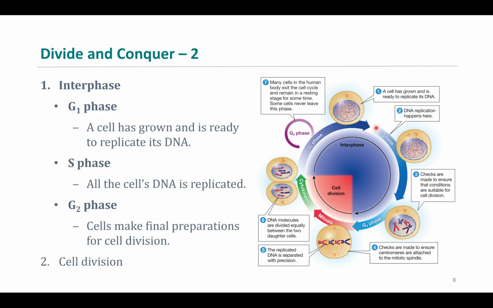S, synthesis, is where the DNA gets replicated, or doubled. And G2 is getting ready for cell division, making sure all the materials are doubled within the cell before it enters the cell division phase.